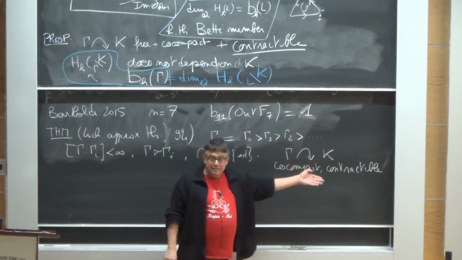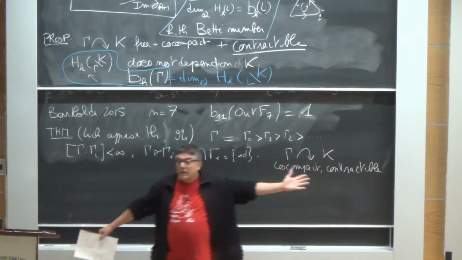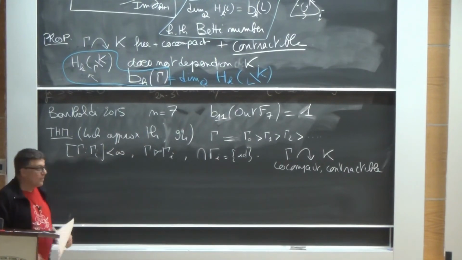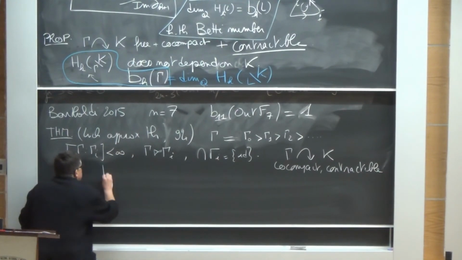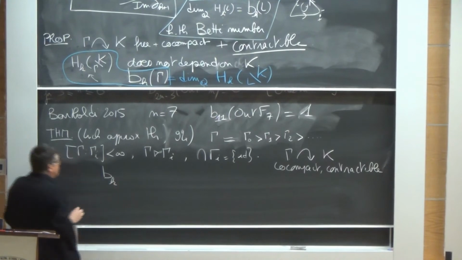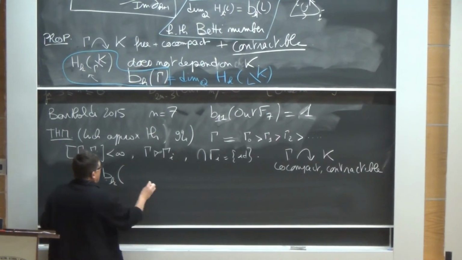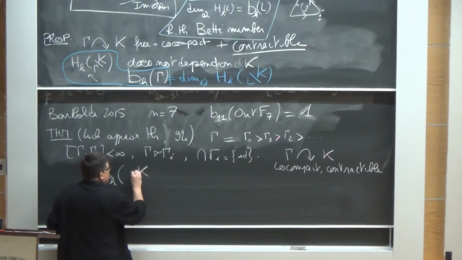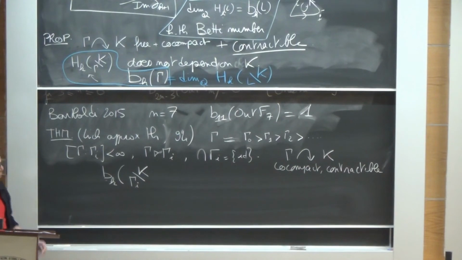It is co-compact, the space K is still contractible, so that you can consider the Betti numbers of K mod gamma i. You take the quotient.